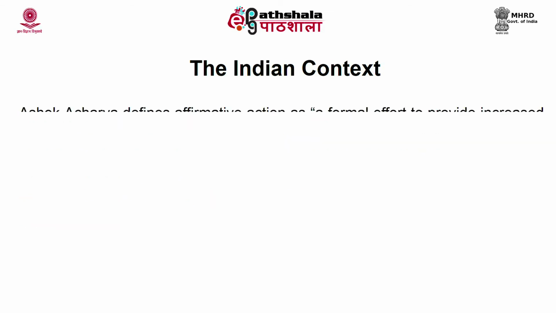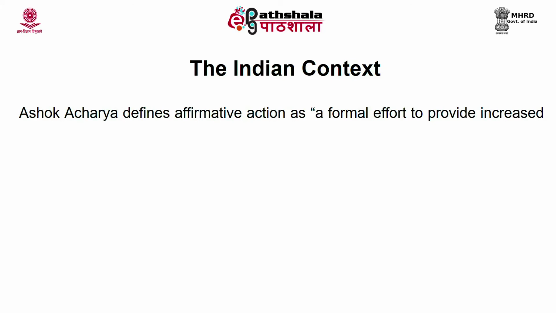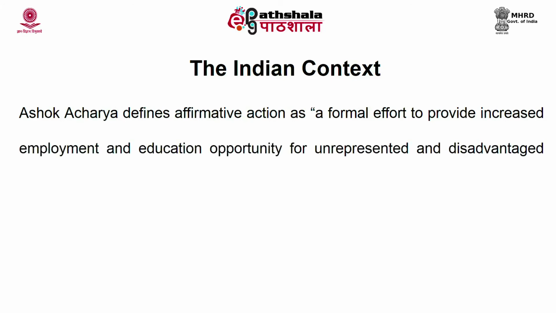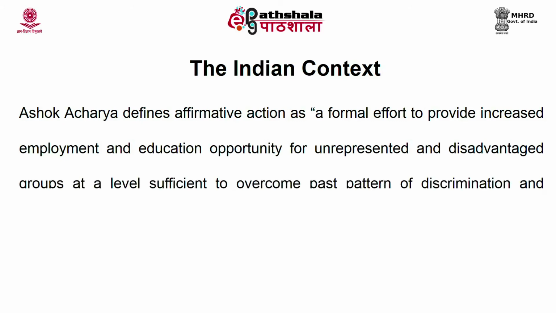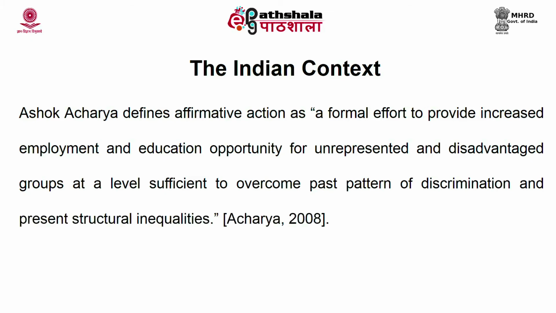Ashok Acharya defines affirmative action as, quote, "a formal effort to provide increased employment and education opportunity for unrepresented and disadvantaged groups at a level sufficient to overcome past pattern of discrimination and present structural inequalities."